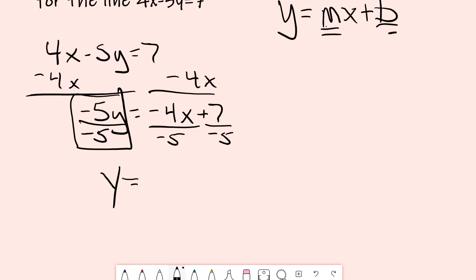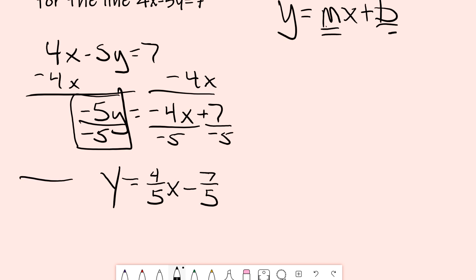And then that's going to equal 4/5 positive x minus 7 over 5. All right, I got a positive divided by a negative, which is a negative, and it remains a negative number. Negative divided by negative is positive, so negative 4 divided by negative 5 is the same as positive 4 over 5.